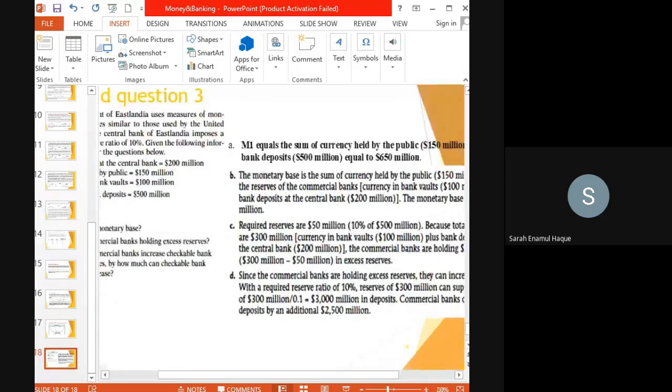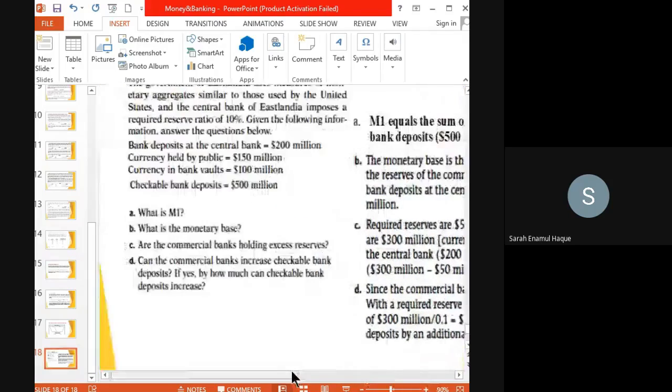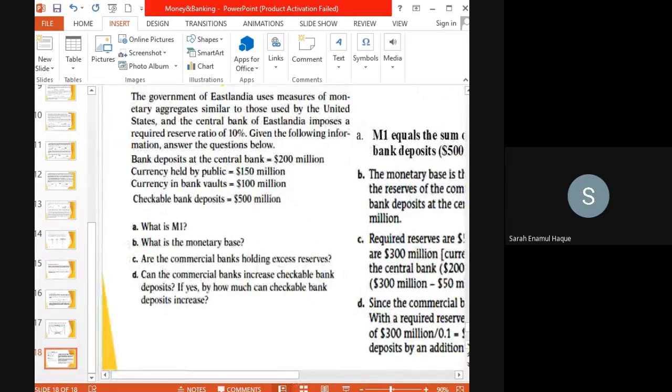So you see, this is the information we have. The central bank currently has $200 million. Let's call it $200 in its bank deposit. Currency in commercial bank vaults is $100.